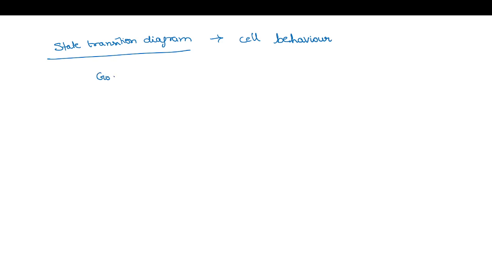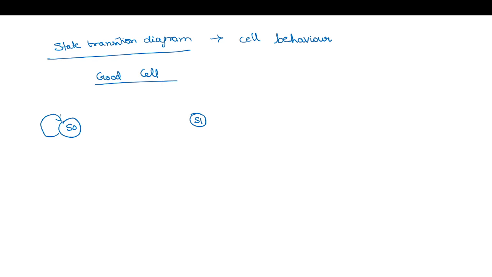So for the good cell, if we consider that initially 0 is written, represented by S0, initially 1 is written to the cell, represented by S1.